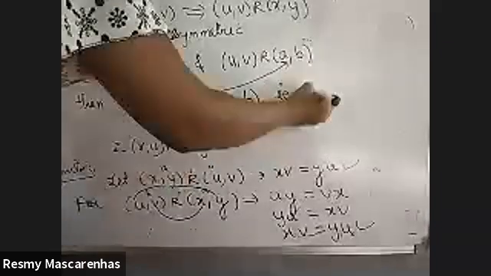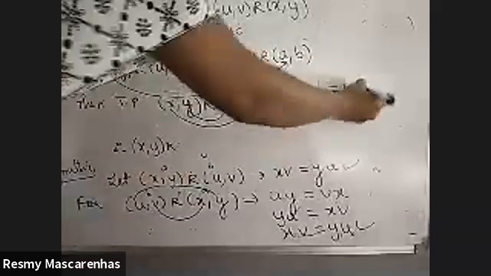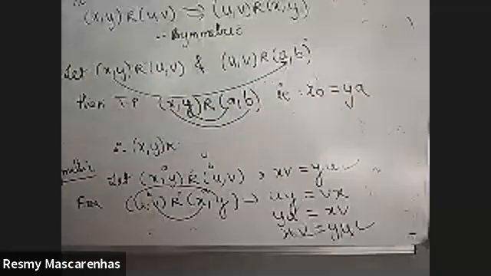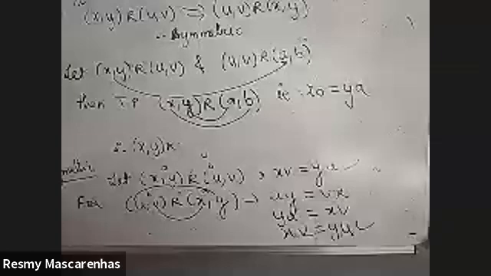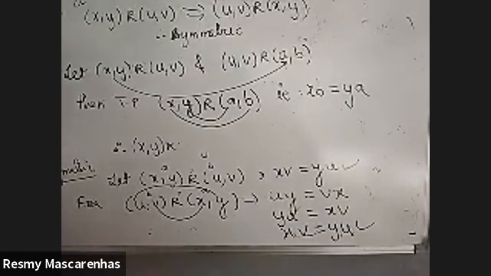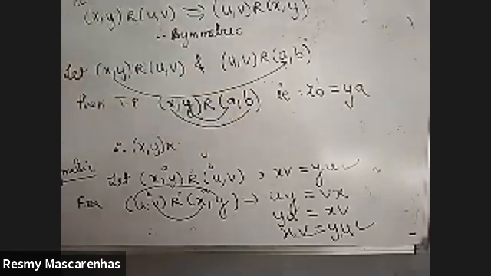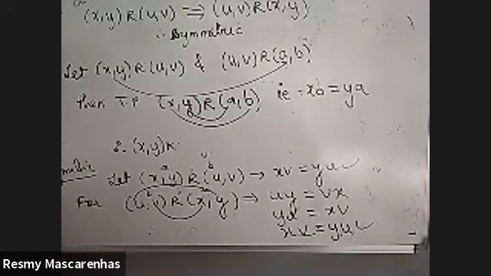So xb should be equal to ya. So you have to prove that your answer is x into b is equal to y into a. This is what we have to prove.